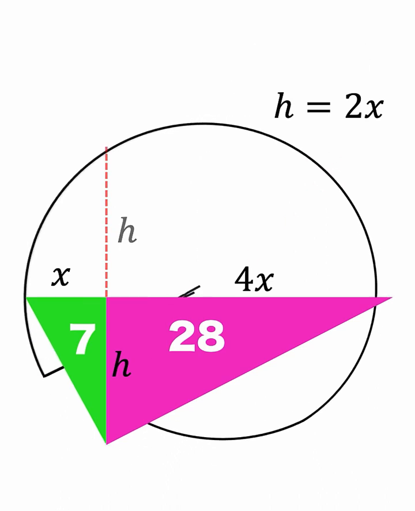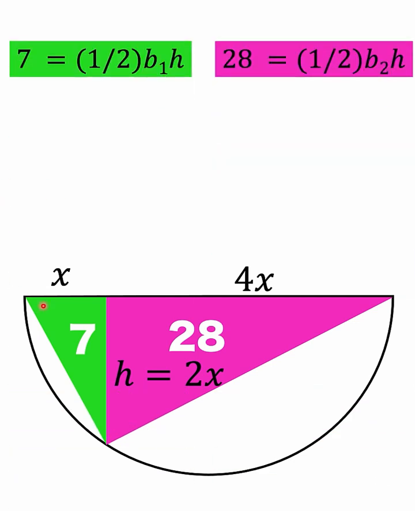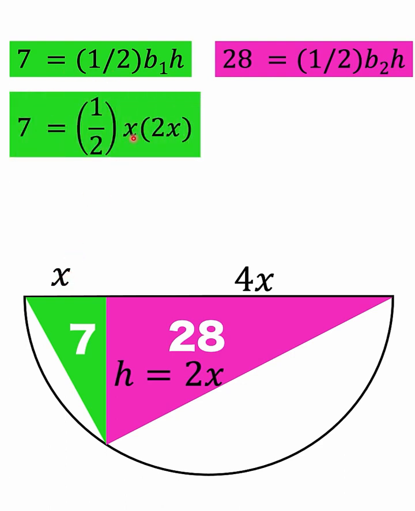Now, let's go back to our semicircle. So we now know that this common height of these two triangles is 2x, so let's replace this h by 2x. And we can now use these variables. We can go back to the formula for the area of a triangle. So the area is 7, that is equal to 1/2, times b sub 1, which is equal to x, and our height is 2x.